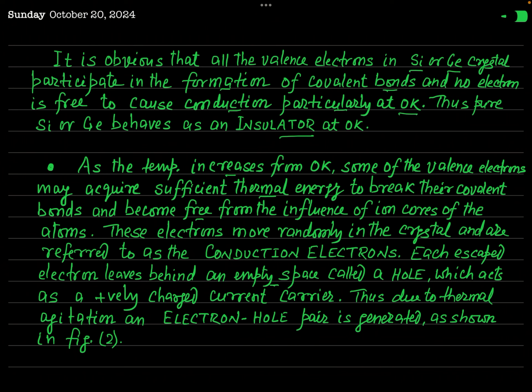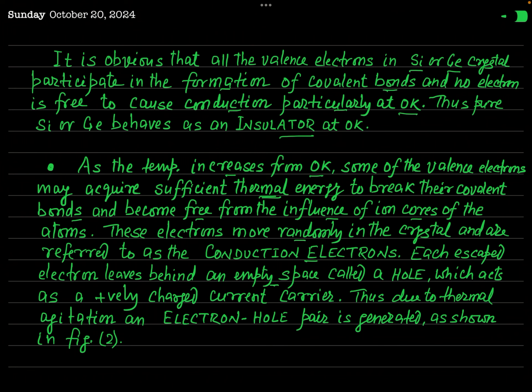I have mentioned here, as the temperature increases from 0 Kelvin, some of the valence electrons may acquire sufficient thermal energy to break their covalent bonds, as I have told you, and become free from the influence of ion cores of the atoms. These electrons move randomly in the crystal and are referred to as conduction electrons.